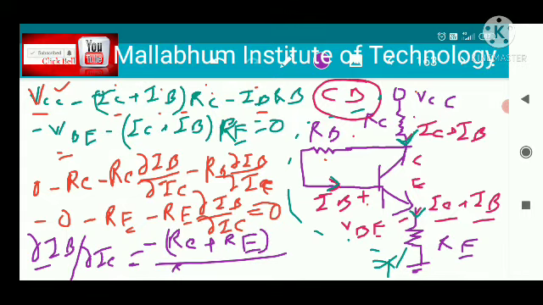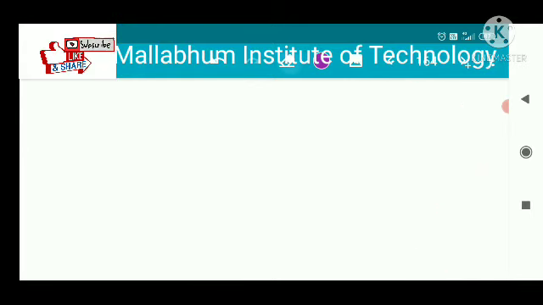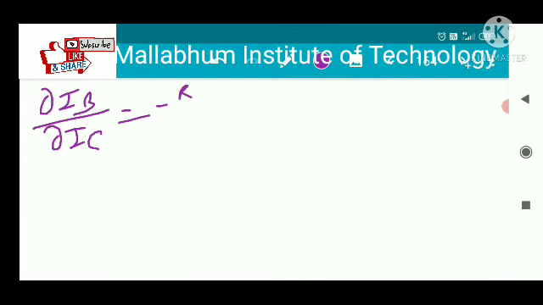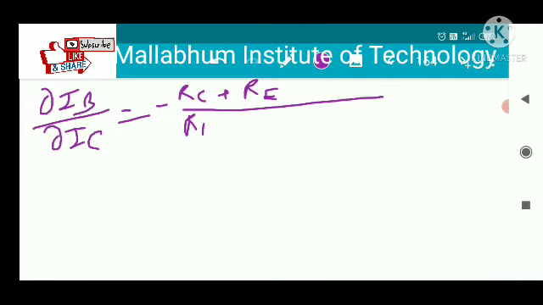Del IB by del IC comes out to be minus (RC plus RE) divided by (RC plus RB plus RE).